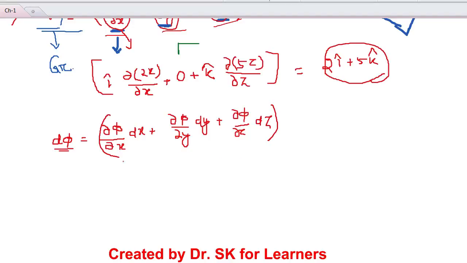But here you can divide this quantity into two terms. If you just remember our scalar product of two vectors, how does it work? You just multiply I cap with I cap, J cap with J cap, and K cap with K cap in scalar product.